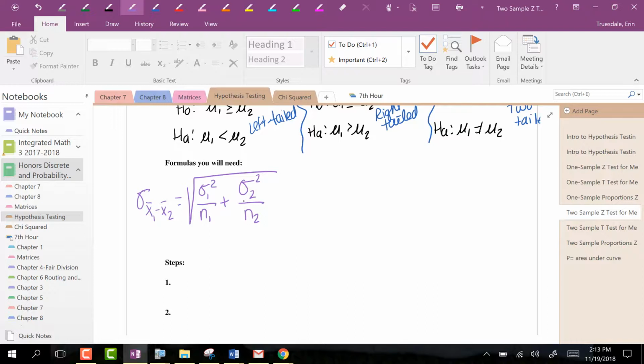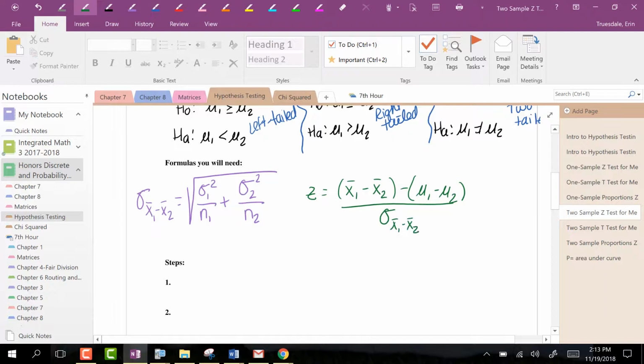Okay, and then Z is going to be x1 bar minus x2 bar. So you're going to subtract the sample means, minus mu1 minus mu2, divided by sigma x1 bar minus x2 bar, which you would have already found using this formula. Okay, so you would have calculated this.